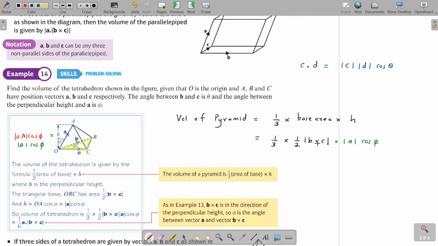So this whole thing could be replaced by C dot D, or we could even say D dot C. Both of them are the same. Why? If you say D dot C, it's modulus D, modulus C, cos theta. Does the angle change? Okay.